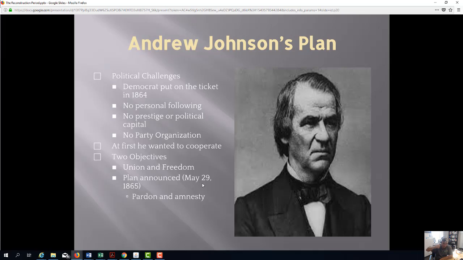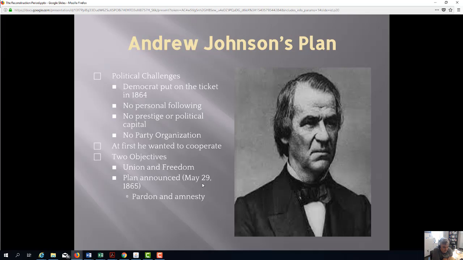One of the things that caught the attention of radical Republicans, that this guy really wasn't going to be very effective or forthcoming, and really not cooperative with the Republican-led Congress at the time, was his pardon and amnesty.